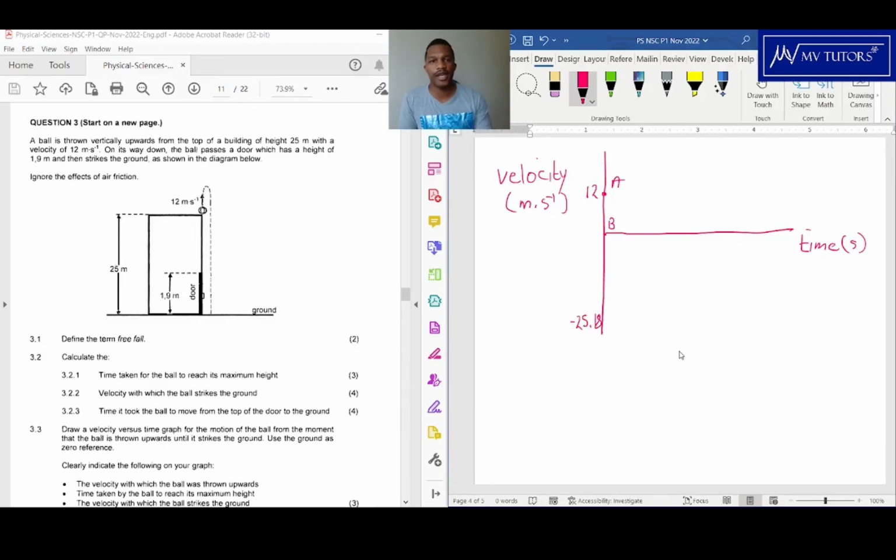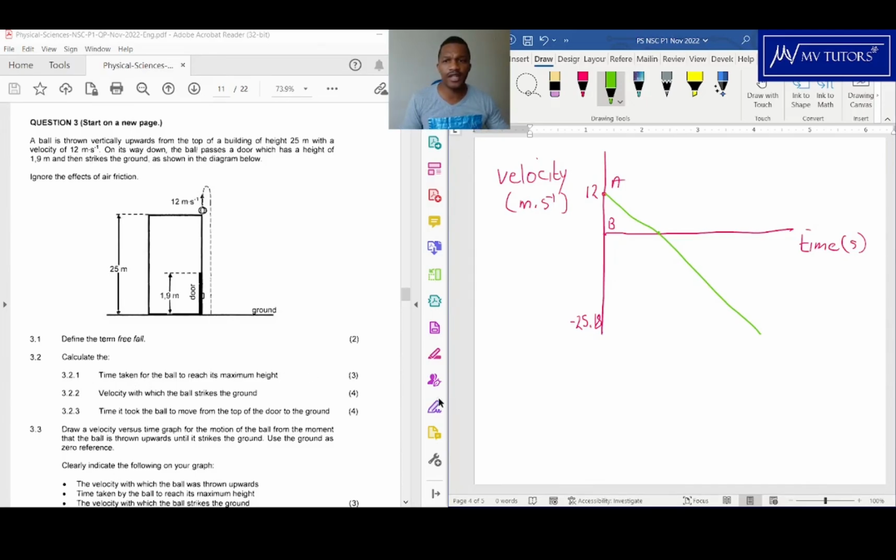Okay, and then our graph from there we know is a straight line, so I'm going to make it a straight line like that. Right, now point B is right here. It's actually right over there. And how much time did it take?